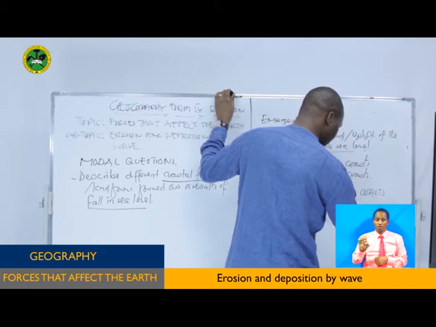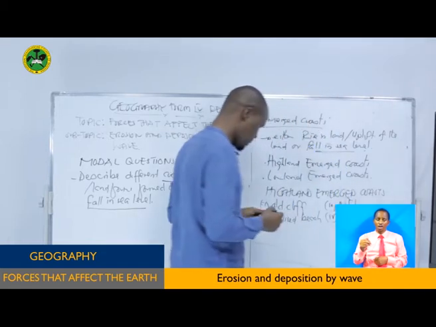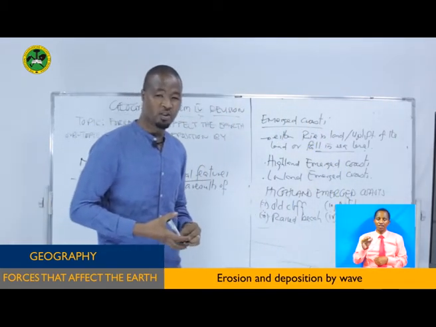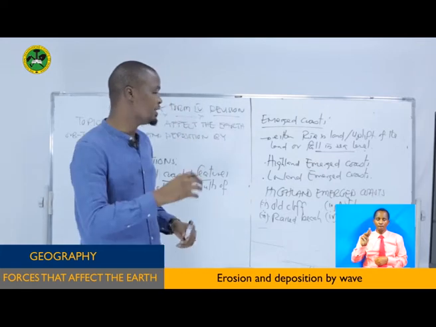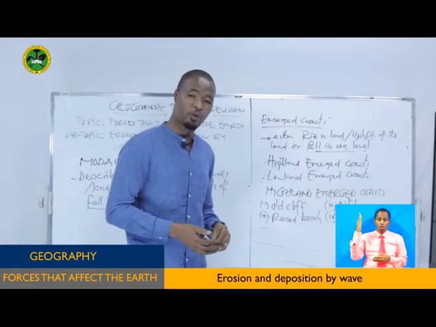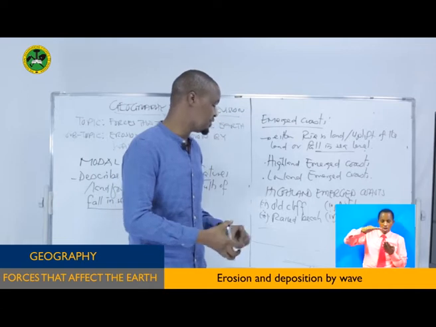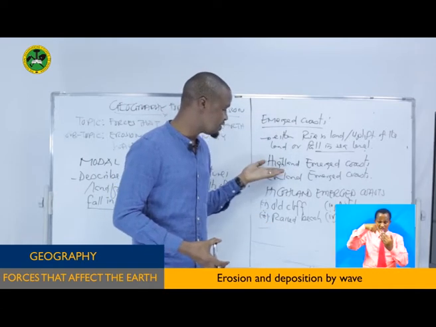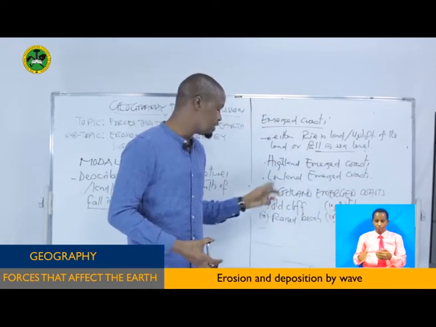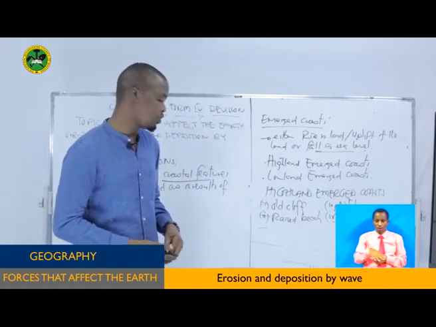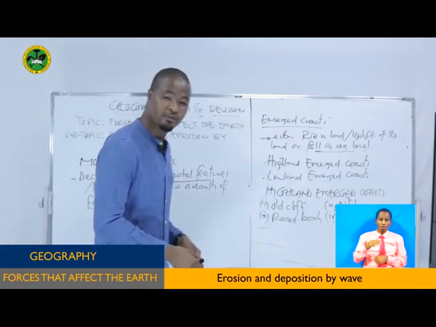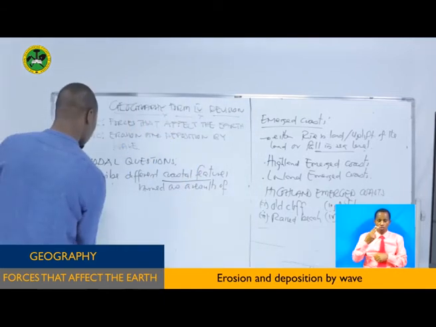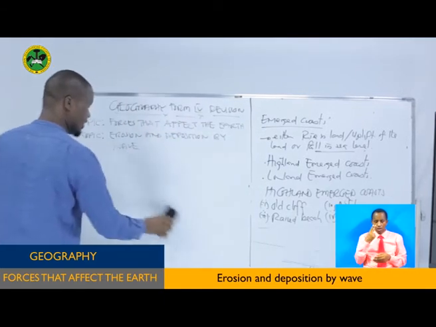Listen to me very carefully, students. These are the evidence to prove that there is a fall in sea level, which leads to the formation of the different coastal features. As I have mentioned, we have the highland features, and then we will see the lowland features. Are you with me? So let us start with these, and explain one after the other.